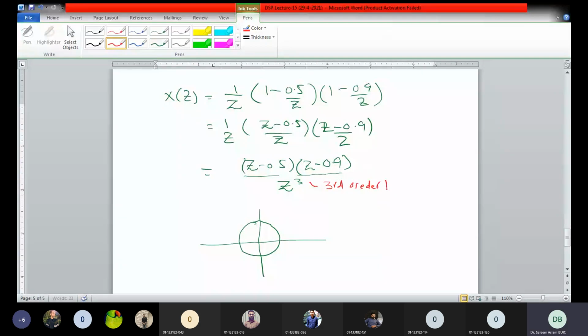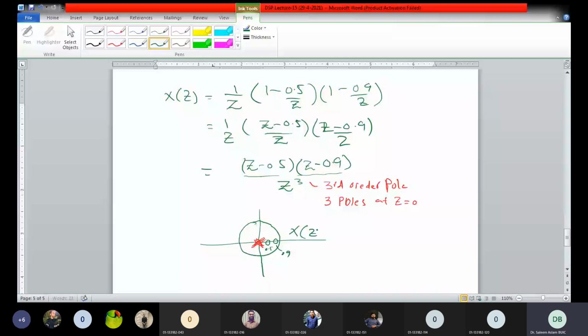So this is 1, this is 2, this is 3. And what about zeros? It has zeros at 0.5 and 0.9. This is 0.5, this is 0.9.